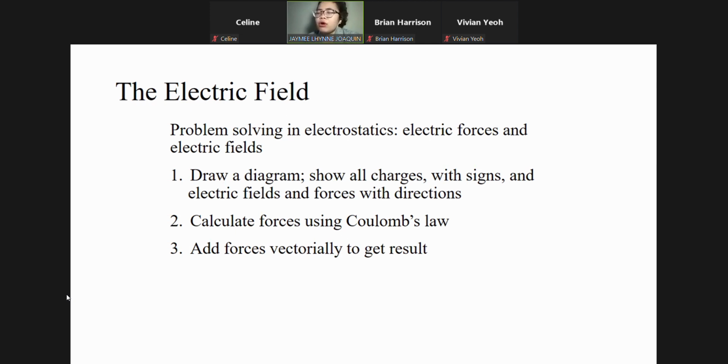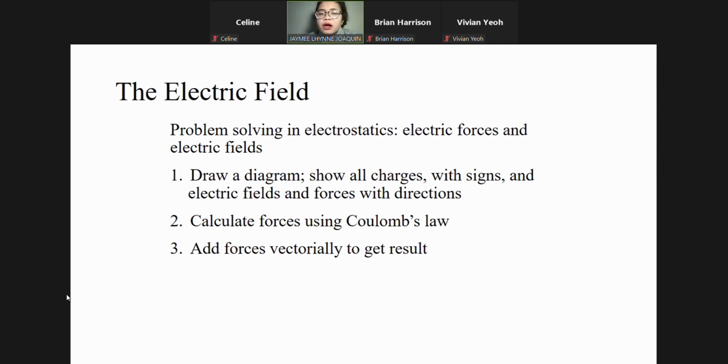To easily illustrate and analyze the problem, you need to draw the diagram properly. It's important to show all the charges, the signs, the electric field, the forces, together with the direction.